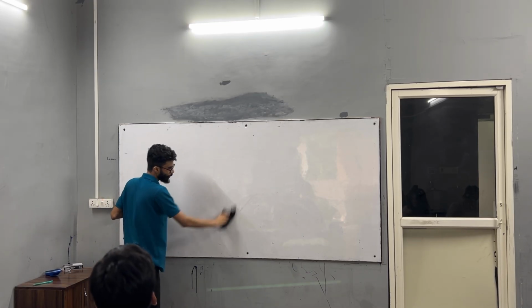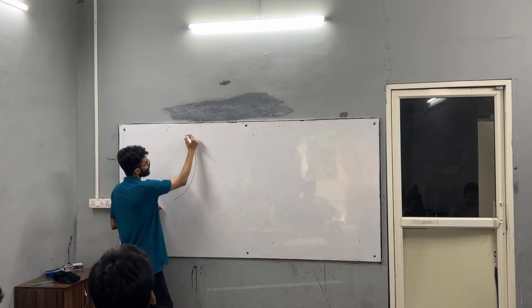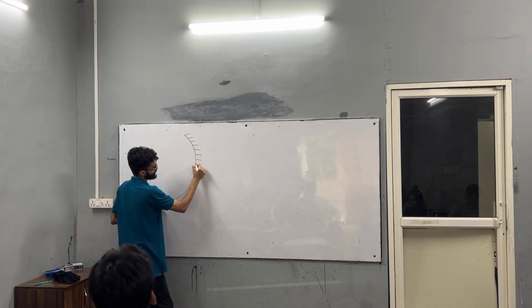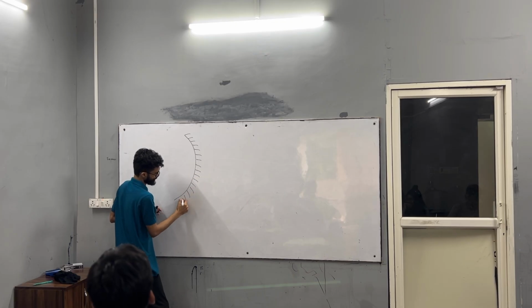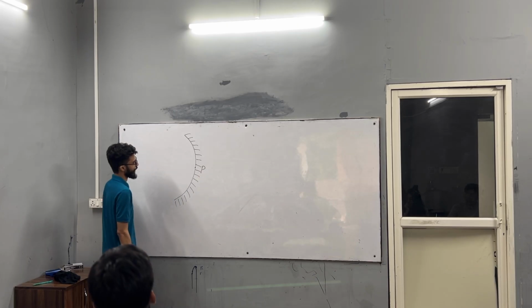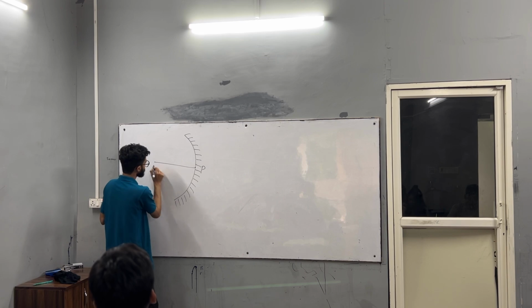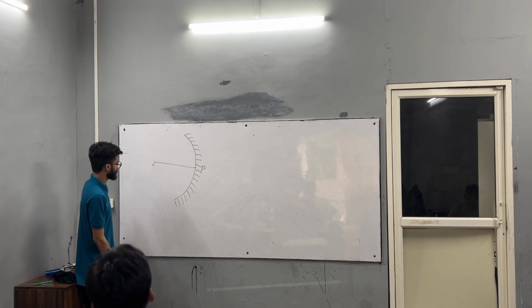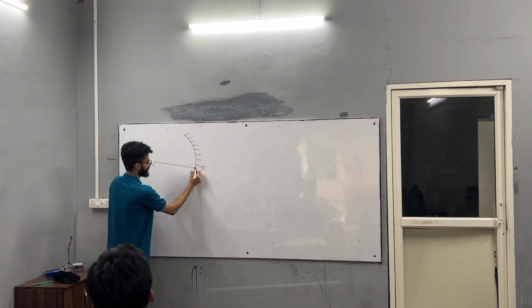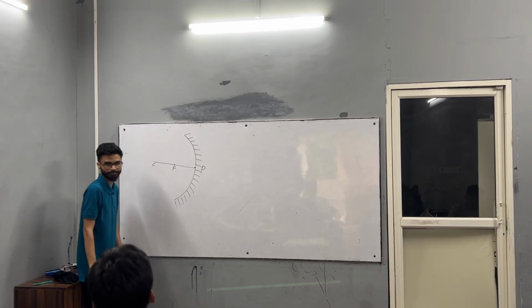Guys, ये बहुत important है for understanding ray diagrams. ठीक है? So there are four scenarios. This is my geometrical center pole, capital P. This is my center of curvature C, and this is my focus. चलेगा guys?